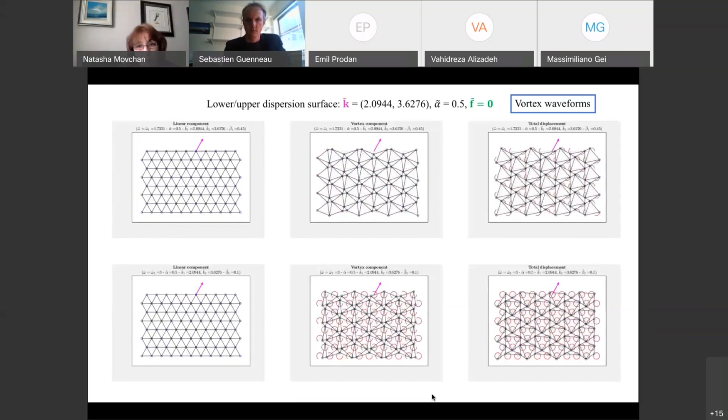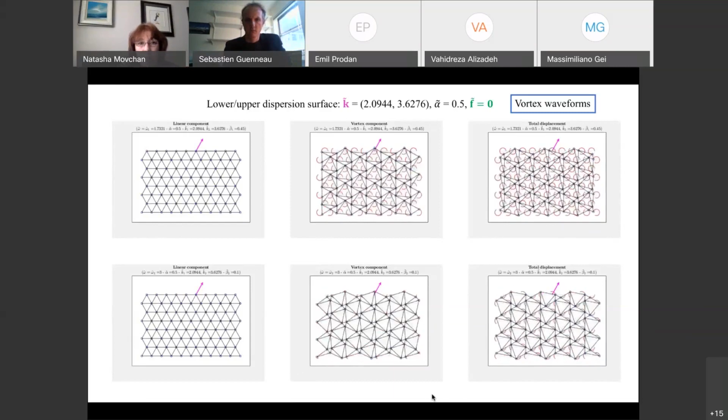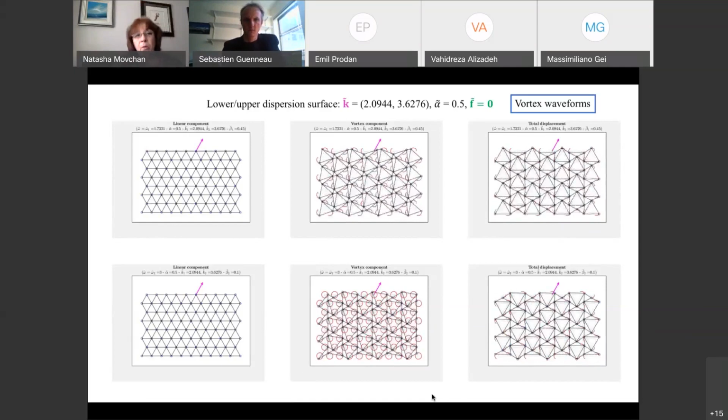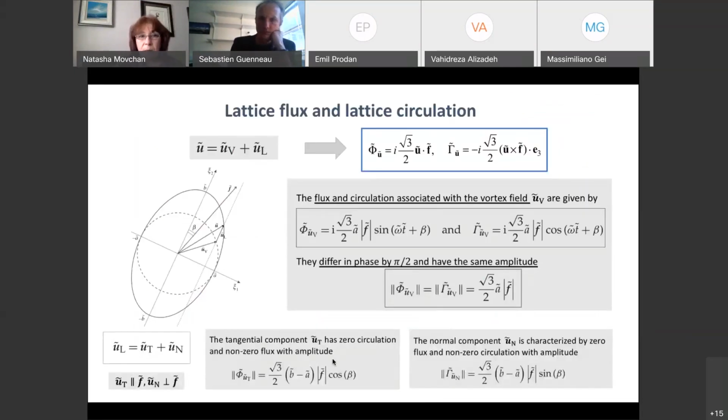So we can also evaluate the lattice flux and lattice circulation for the vortex components. They will differ in phase and will have the same amplitude.